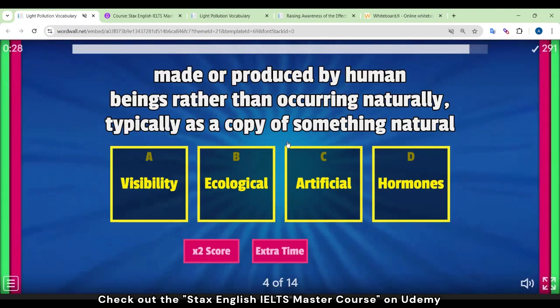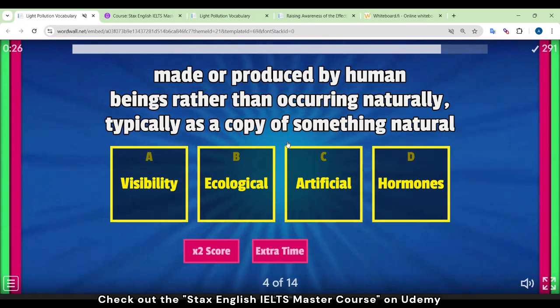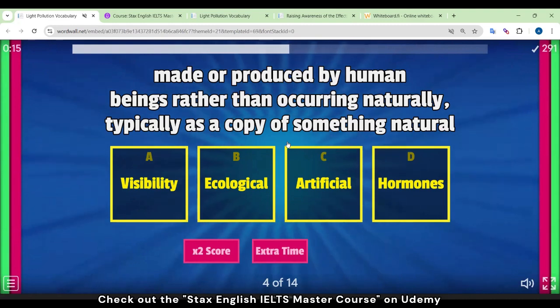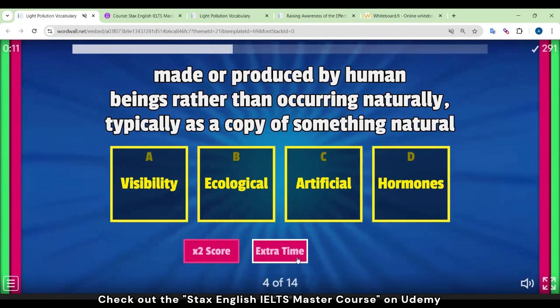Okay. So now we have made or produced by human beings rather than occurring naturally, typically as a copy of something natural. So what adjective is used to describe something that is made by humans and may look or copy something that exists naturally? Ecological. It is not ecological.